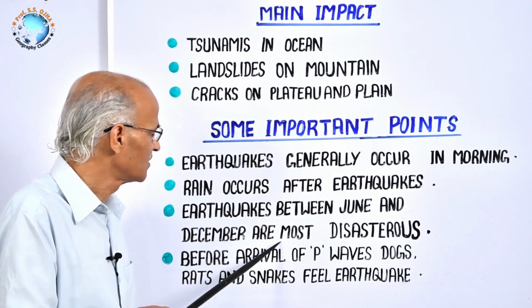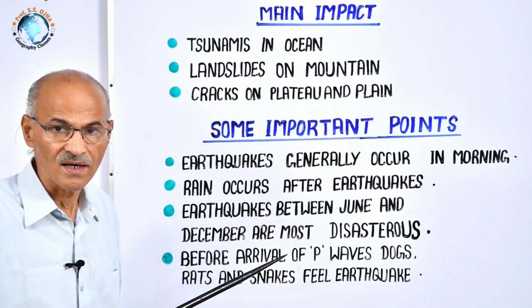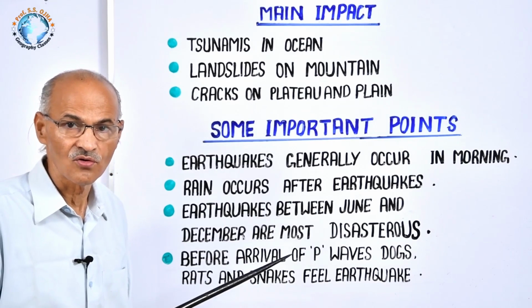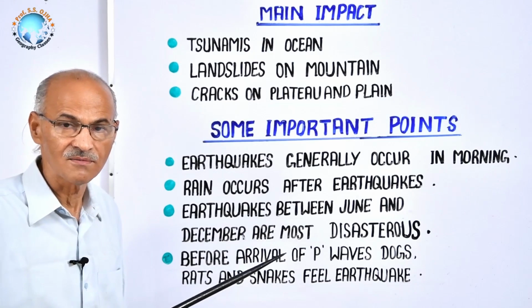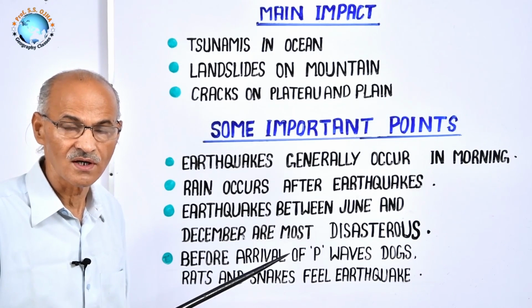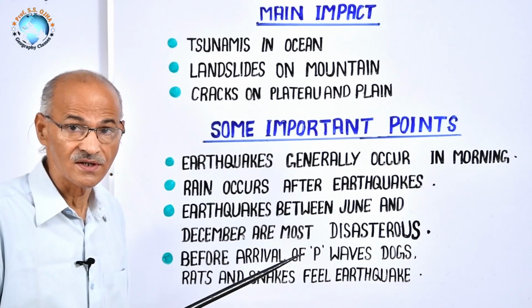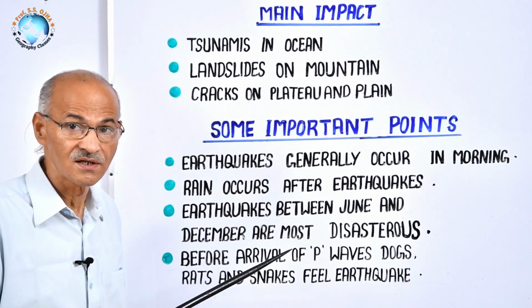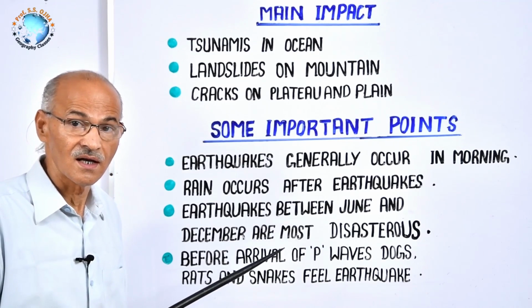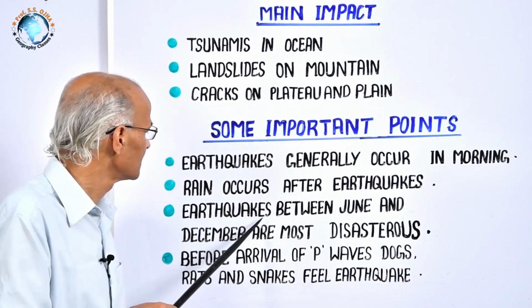This observation was found by a common man in California who collected all the paper cuttings of earthquake, and when he generalized, found that the earthquakes occurring on the earth between mid-June and mid-December are very much disastrous, and a lot of people have been killed. Why? What is its reason?